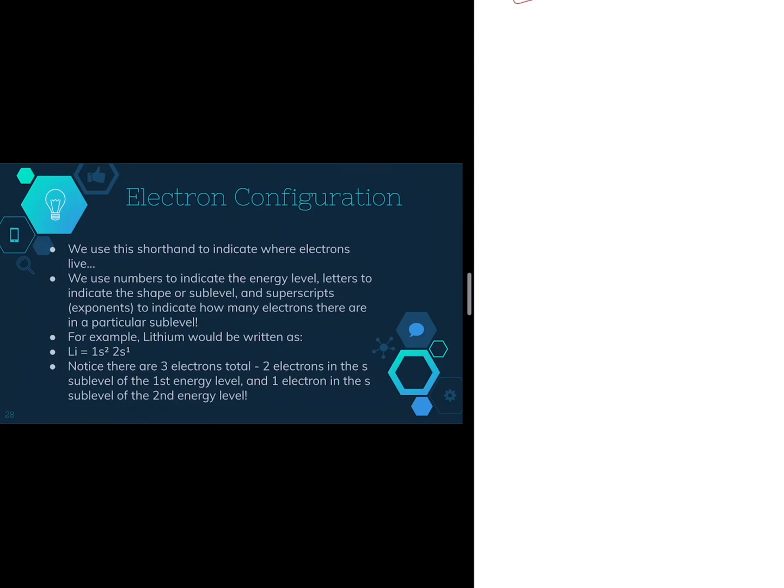So if I'm trying to find the electron configuration for lithium, I can look on the periodic table at the atomic number. The atomic number is 3, so I have 3 electrons. I need to start with the first energy level. So energy level number 1, that has an S sublevel and can hold 2 electrons.